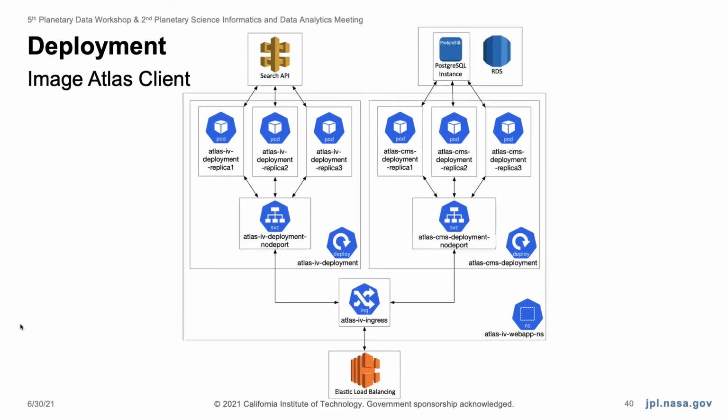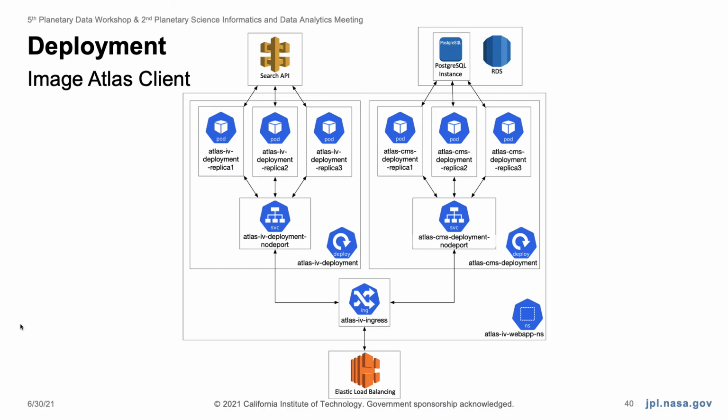So now here, there's a lot going on, but you can see there's 2 separate deployments, one on the left and one on the right. On the left is for the Atlas front end, and the one on the right is for the Atlas CMS, or the back end. And there's replication happening here, courtesy of Kubernetes, so that if one of these containers goes down, another one spins up, no problem, and the user's access isn't affected.